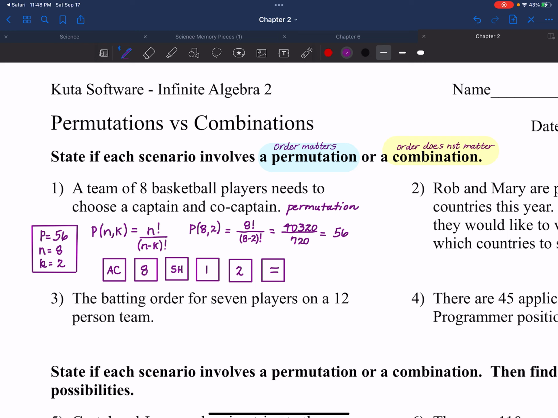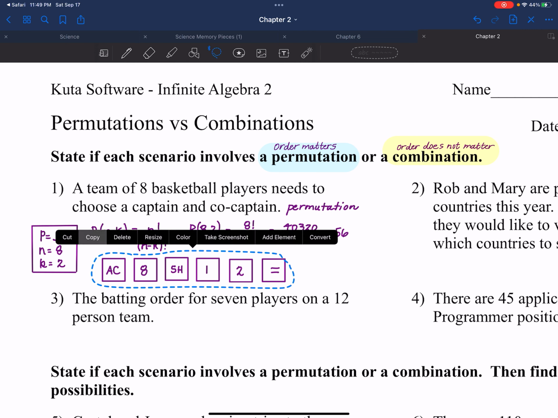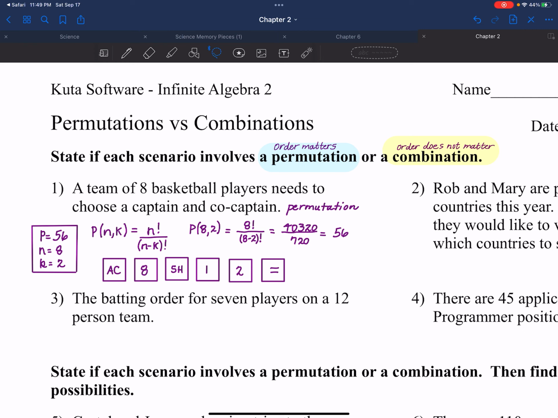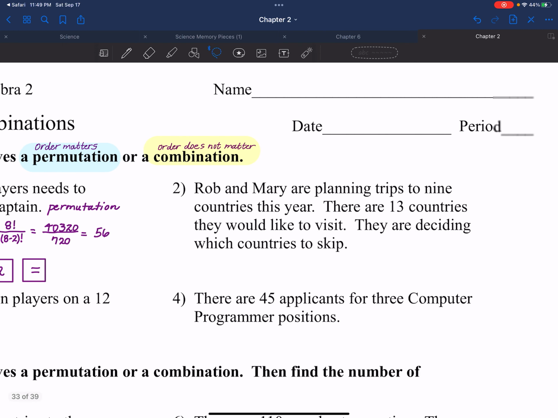So we have all clear, 8, shift, 1, 2 equals 56. So that does check out to be true. So let me copy this, and I'll use it in just a minute. That is a permutation because order matters. All right, number 2.